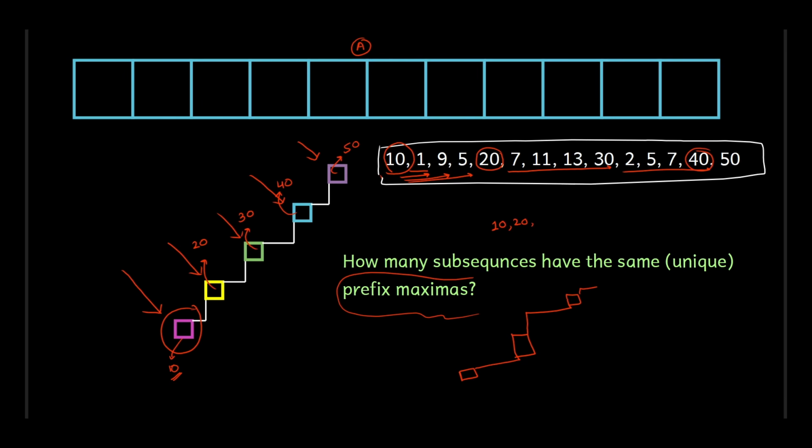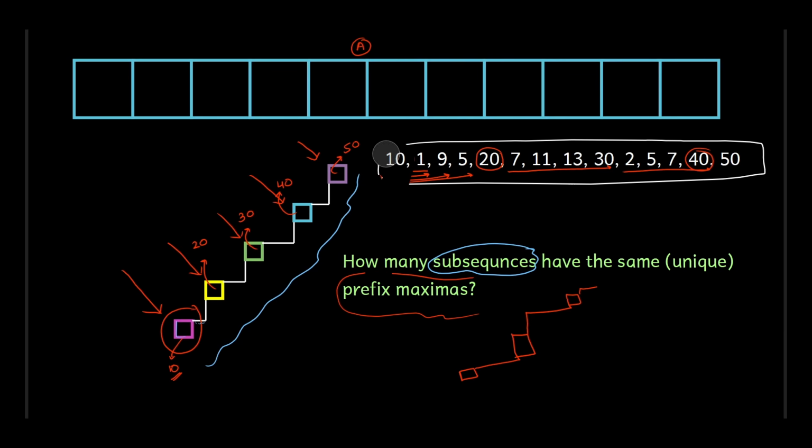So your goal is to find out that given this array, how many subsequences are there that can produce this same set of boxes. So in any subsequence that you consider, you should have this exact same colored boxes, ignoring all the white lines. So white lines are basically the regions where the prefix maxima does not change.